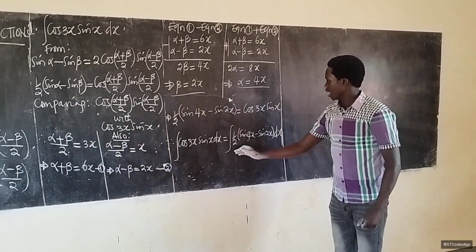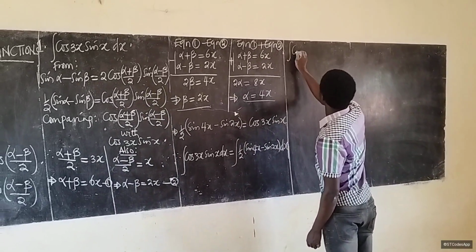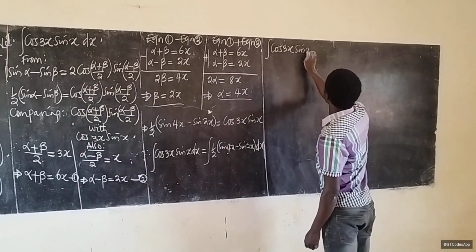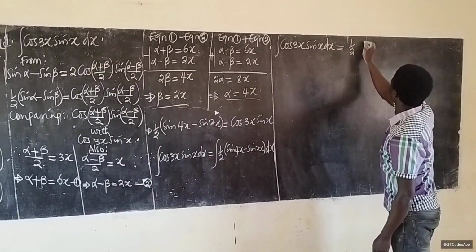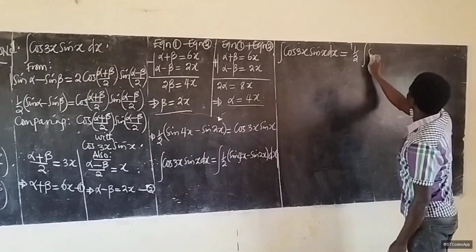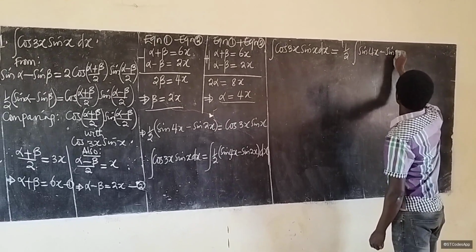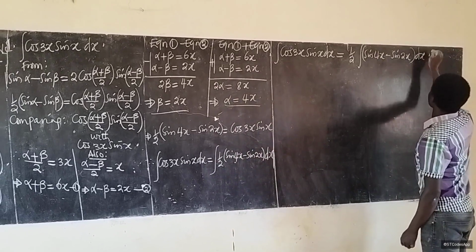So I can have this as the integral of cos 3x sine of x dx is going to be a half integral of sine 4x minus sine 2x dx.